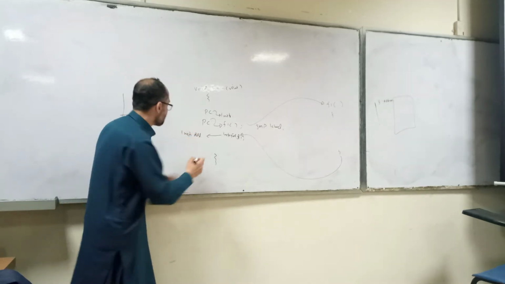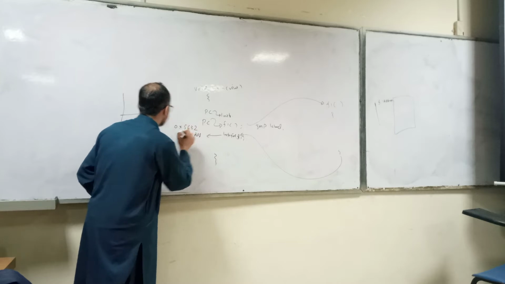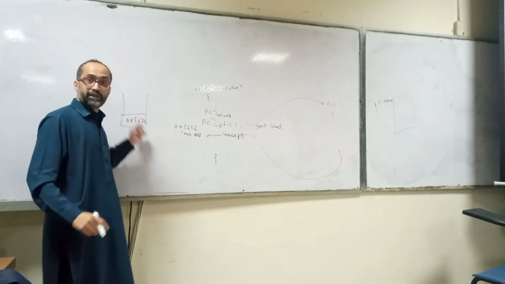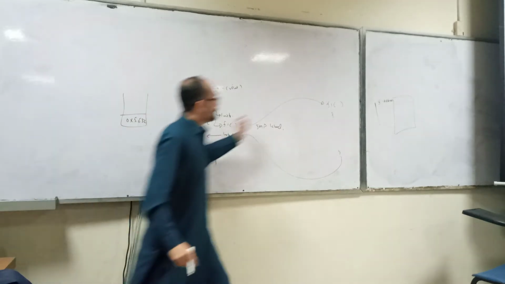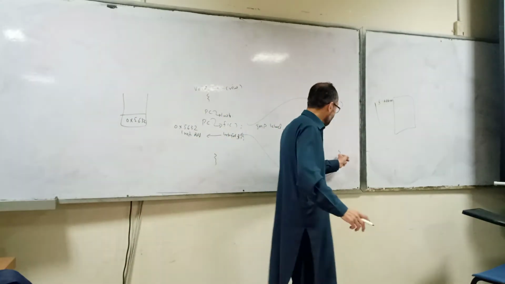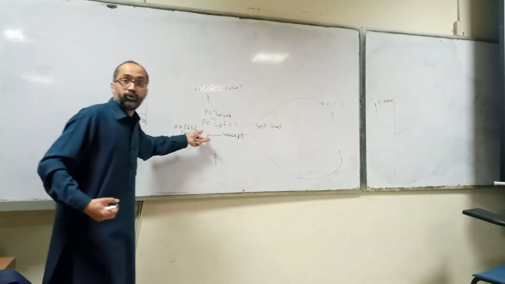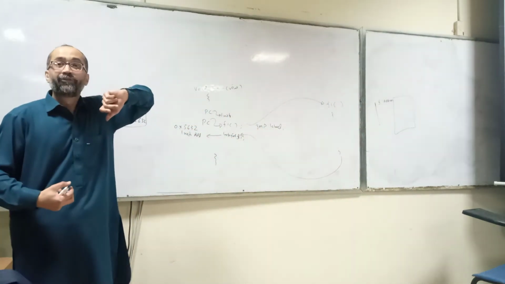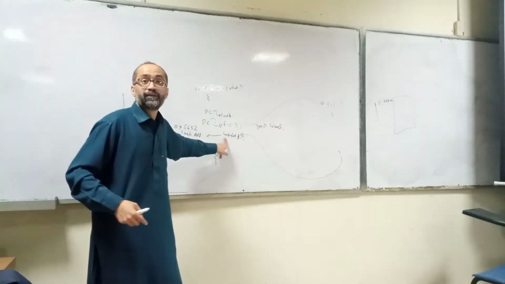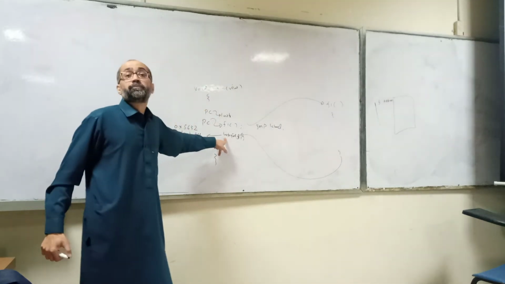Let's assume this address is 0x5632. So it is pushed on the stack. When the subroutine finishes, it will pop that value from the stack, and the control is transferred back to main.